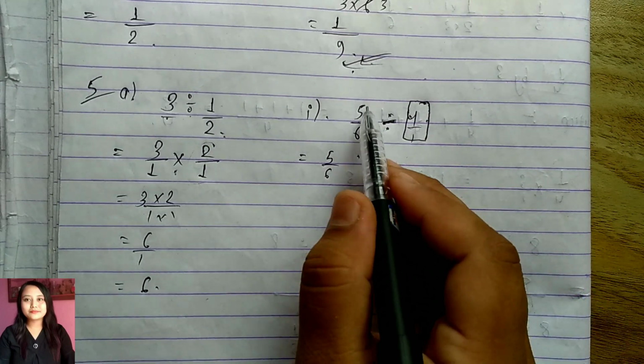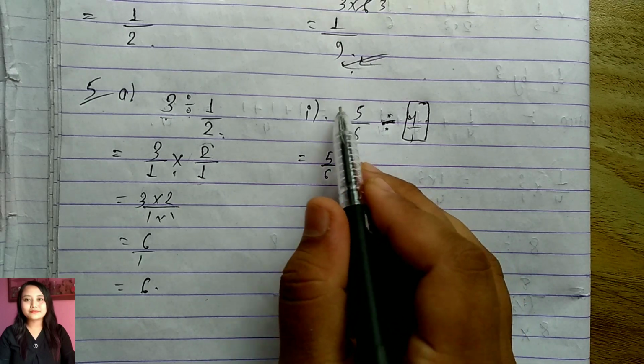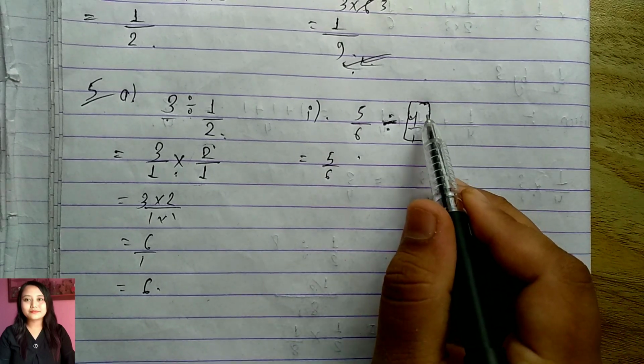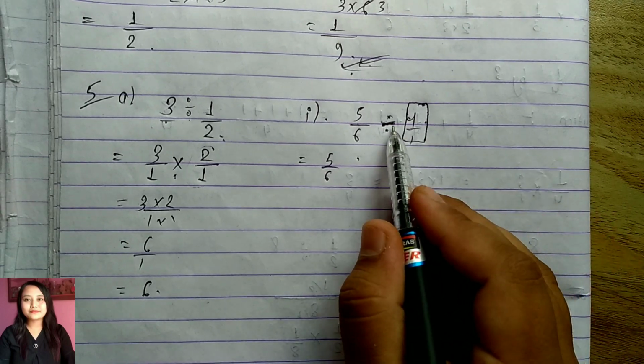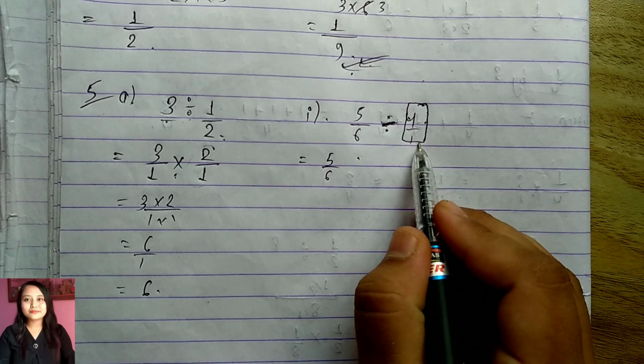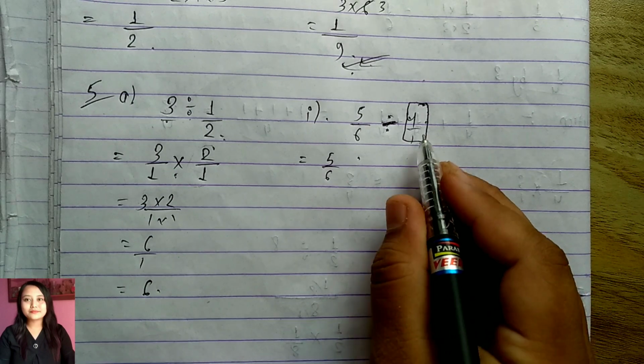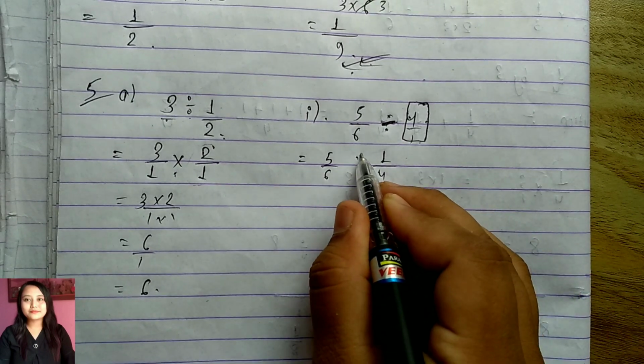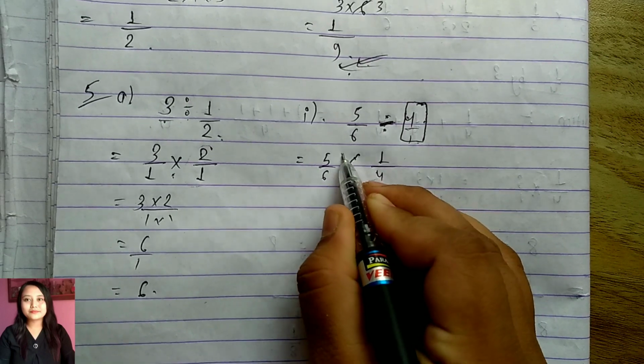We should not make the multiplicative inverse of the first one. We have to always make the multiplicative inverse of the last one. So after the division there is 4 by 1. Now the multiplicative inverse of this 4 by 1 is 1 by 4, and while doing the multiplicative inverse, the sign will be changed to multiplication.